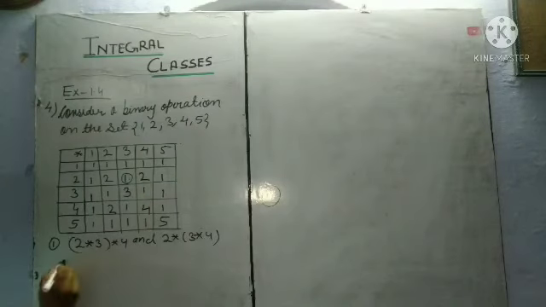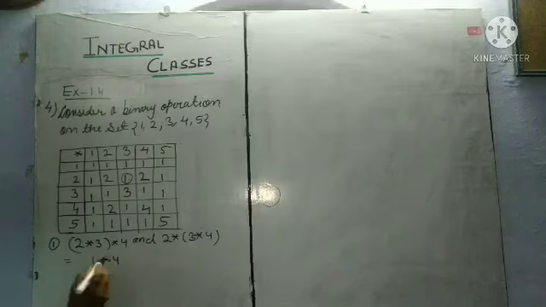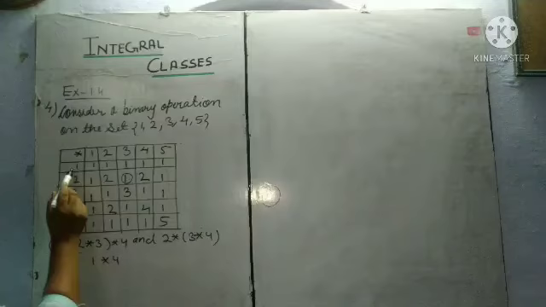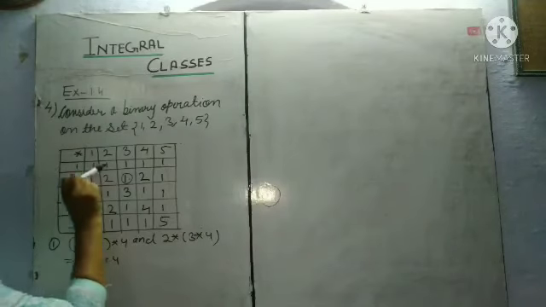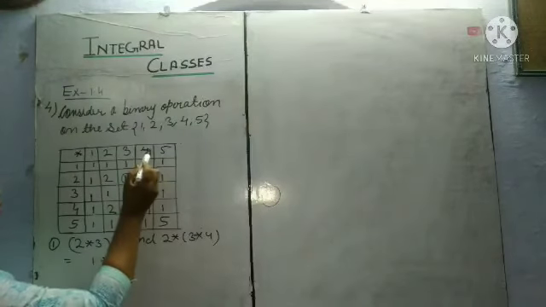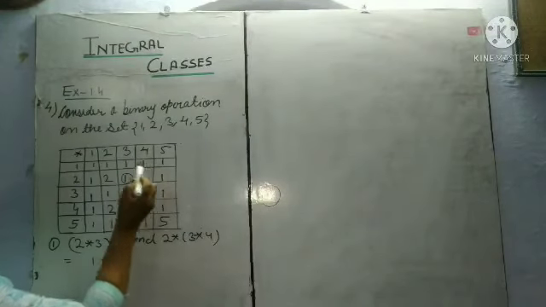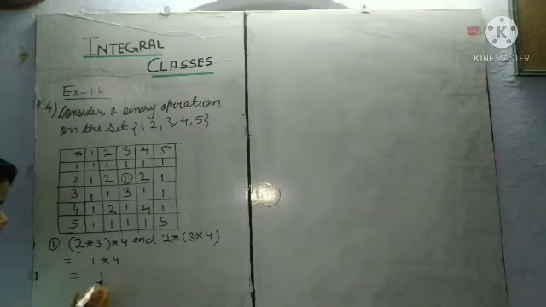So 2 star 3 is equal to 1 star 4. Now 1 star 4: there is 1, go to the right-hand side, fourth column, and the entry is 1. So 1 star 4 is 1.